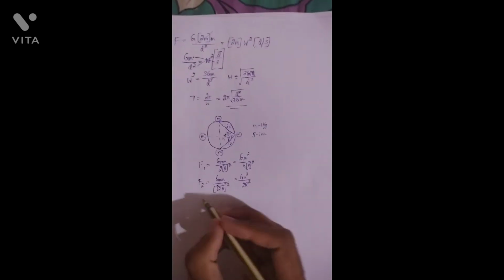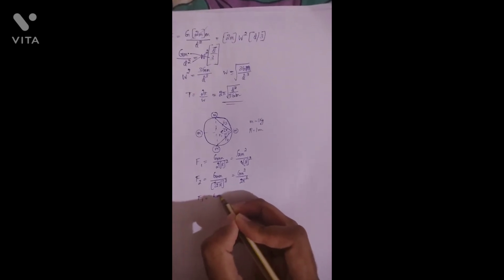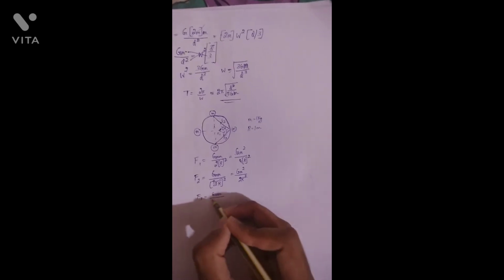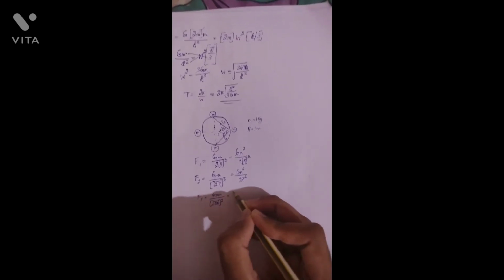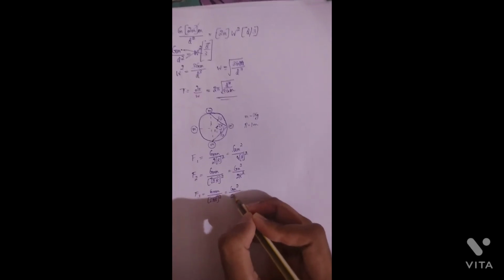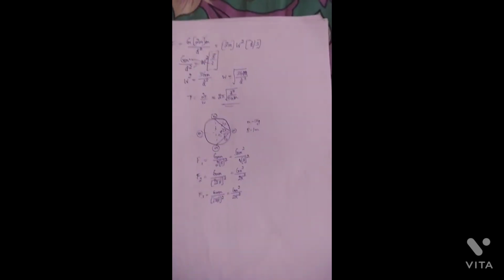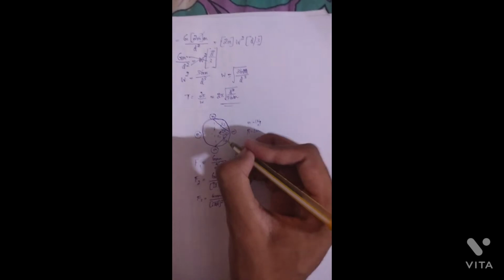F3 also same, it will be F3 is equal to GMM by root 2R square, that will be equal to GM square by 2R square. So this is for F1, here F1, F2 and F3 formula.